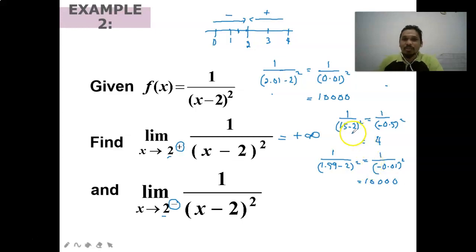So what is our conclusion then? When x is approaching 2 from the left side, it also gives us positive infinity.